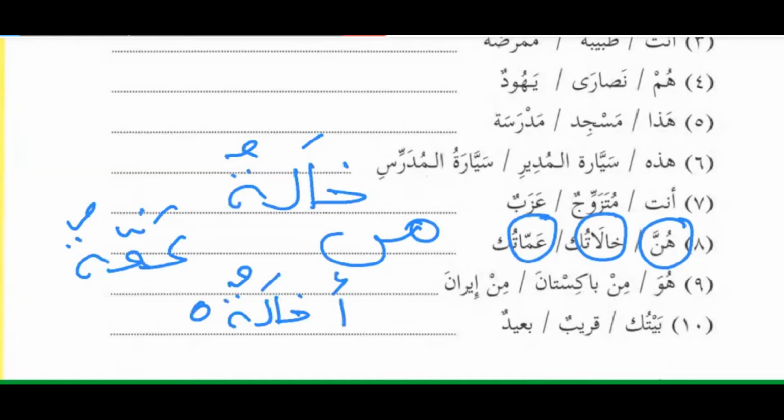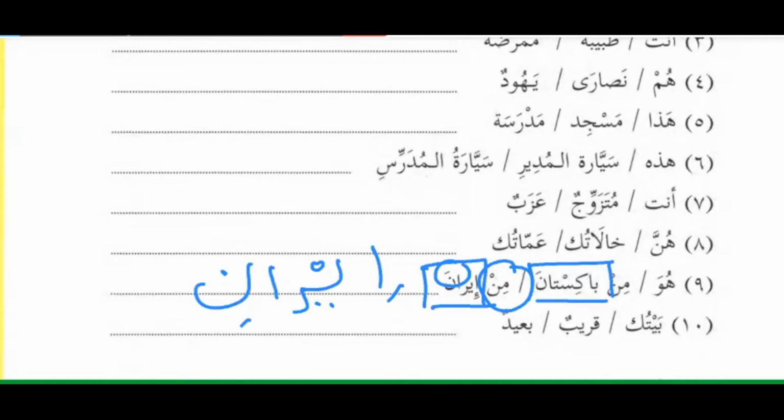Khalatun hiya ammatun. This is jama, that's why we say huwa huma hum, hiya huma hunna. Hunna is for jama. That's why here it is khalat and ammat, and we are bringing hunna.